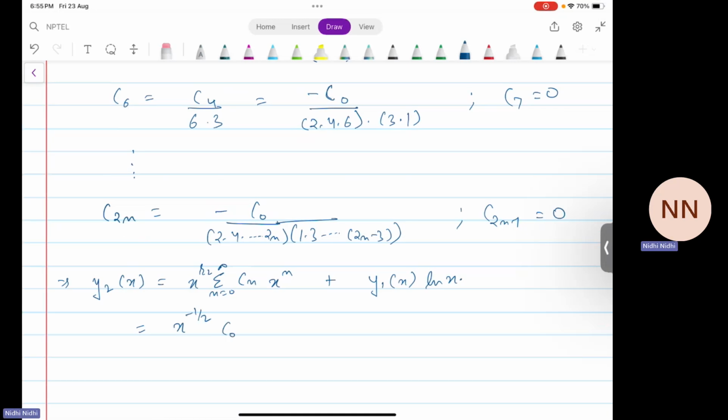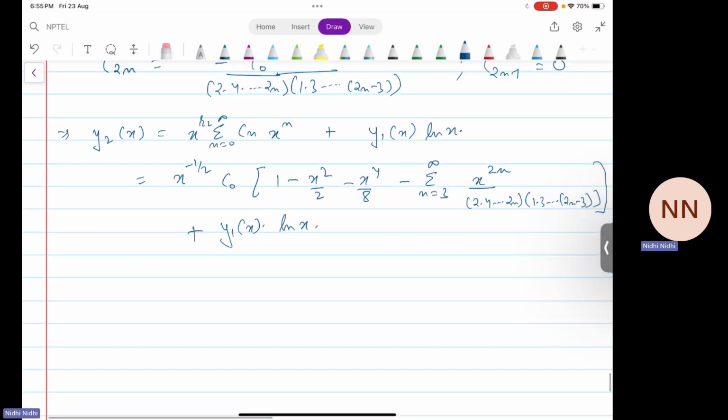C naught times 1 minus x square by 2 minus x power 4 by 8 minus summation n from 3 to infinity x to the power 2n by 2, 4, and so on up to 2n, 1, 3, and so on up to 2n minus 3, plus y1x times ln x.